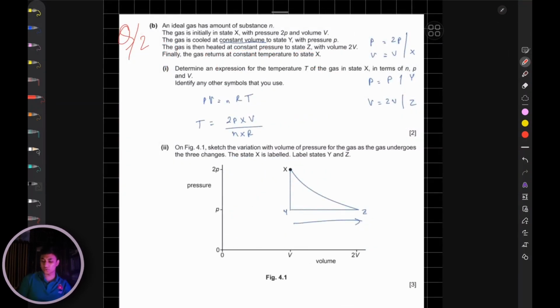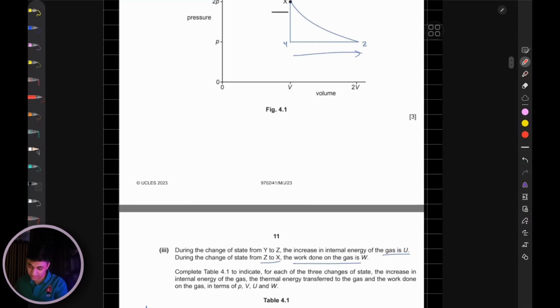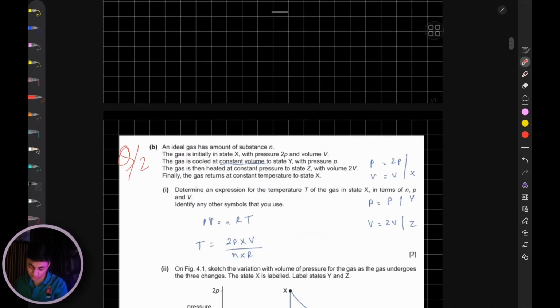Okay, so now question 2. This is from 9702/41 MJ 2023.